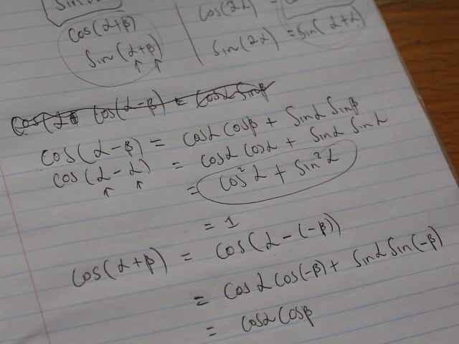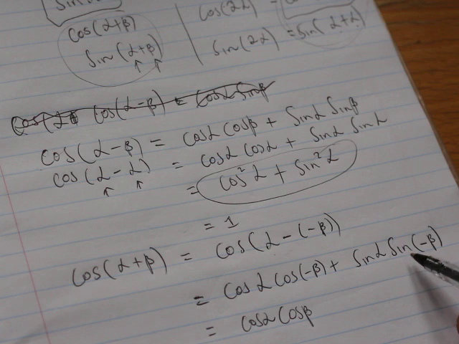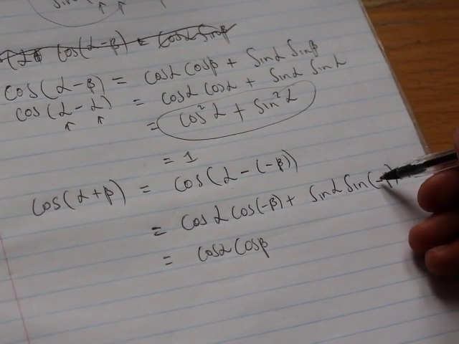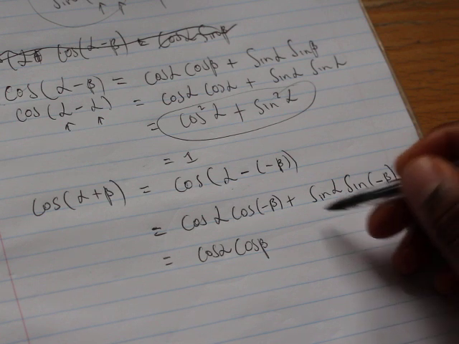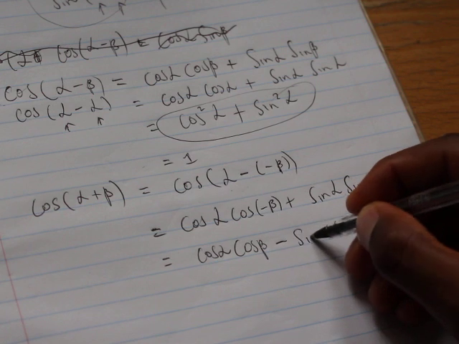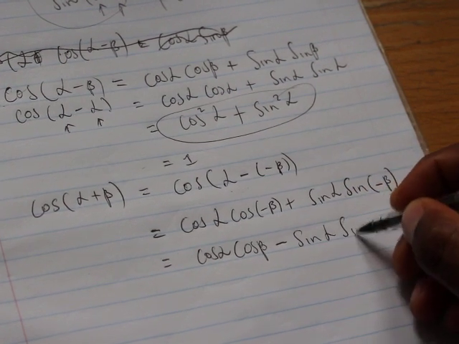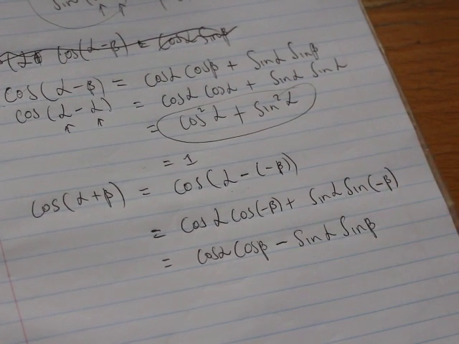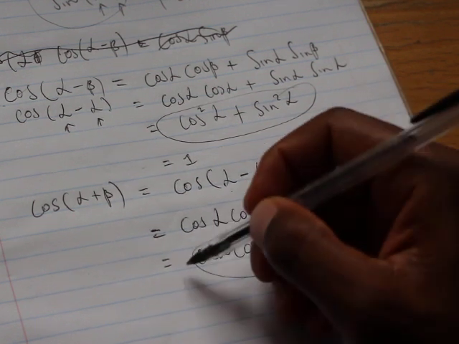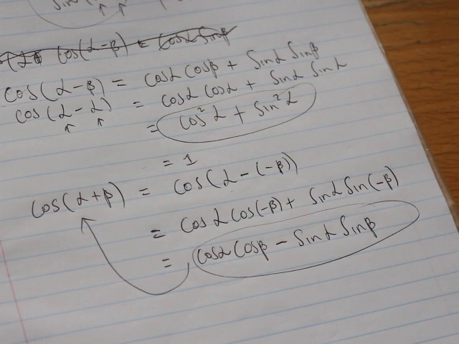But sine doesn't have that ability to absorb negative angles. So this negative here, it's going to jump out and replace the plus. So minus the sine of alpha and then the sine of beta. So this is the expression for that.